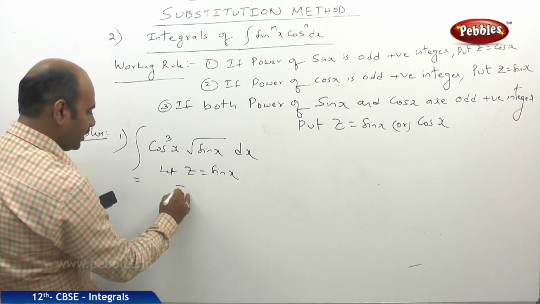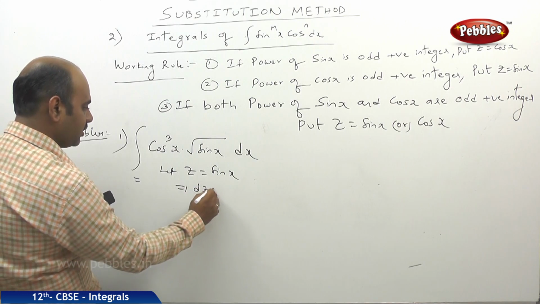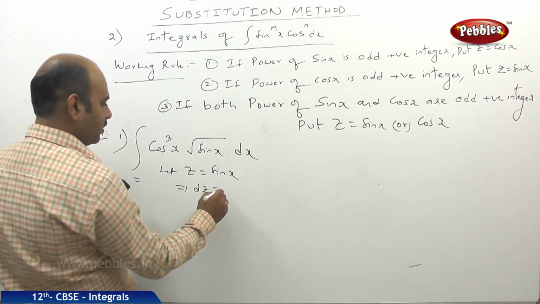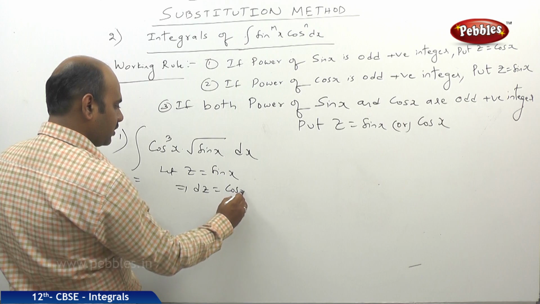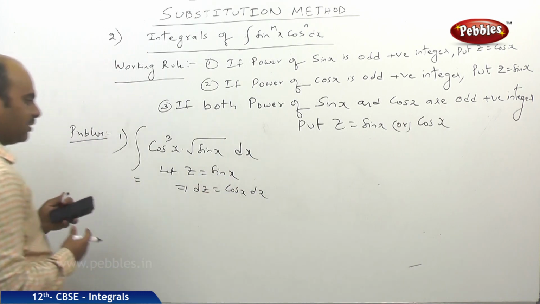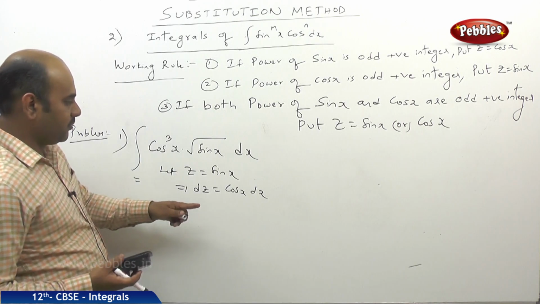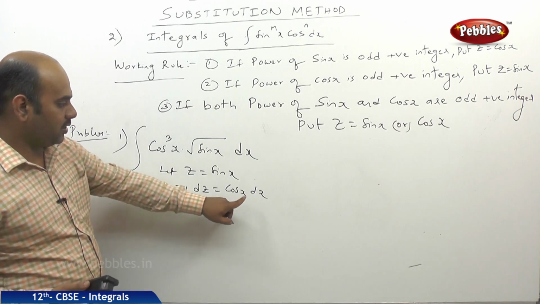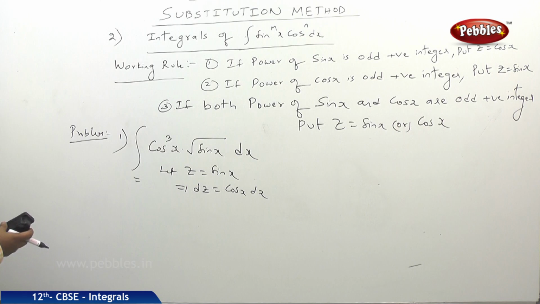Z is equal to sin x means what happens? dz is equal to cos x dx, because the derivative of sin x is cos x. So dz is equal to cos x into dx.